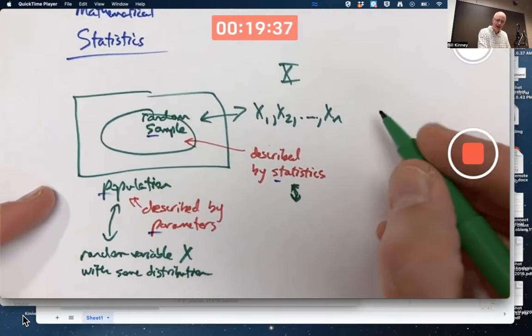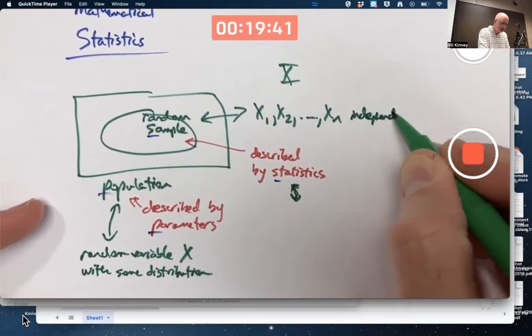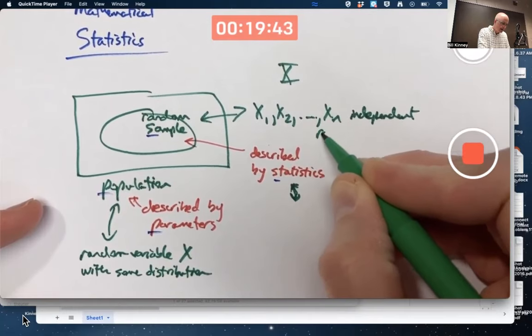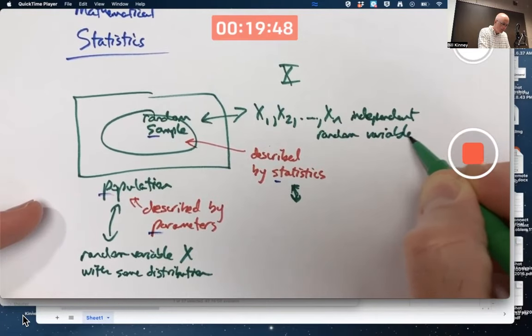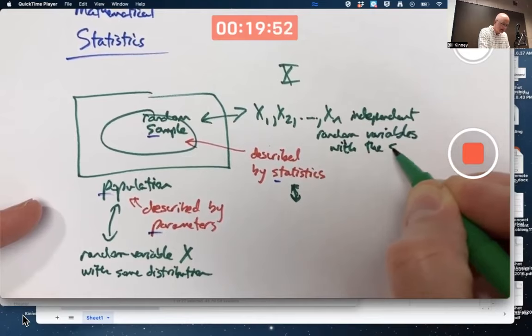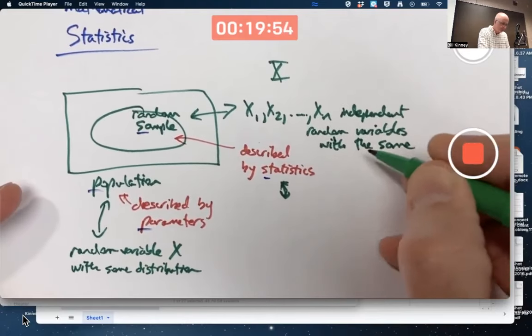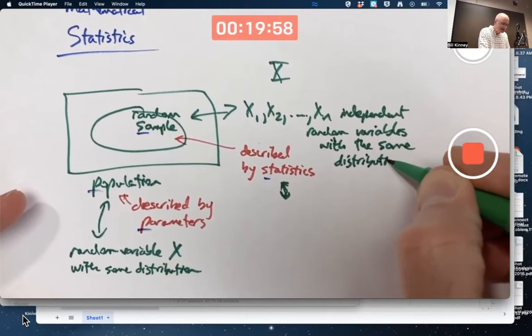This is a list of n independent random variables with the same distribution as X. That's an assumption.